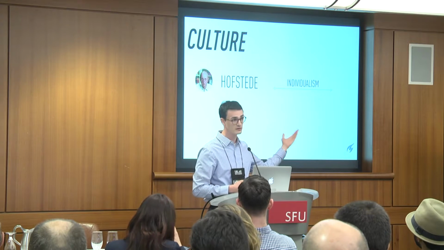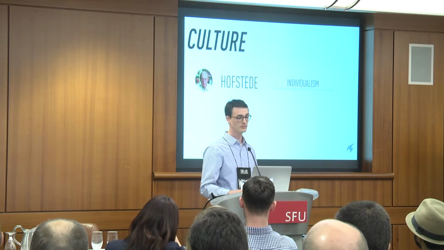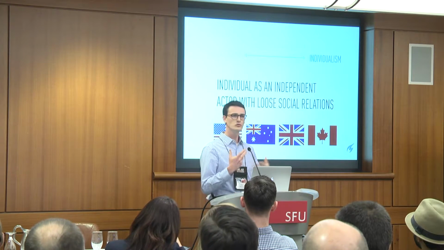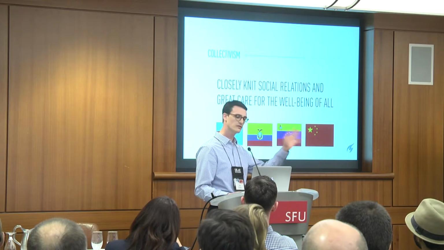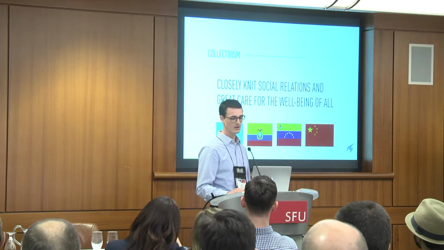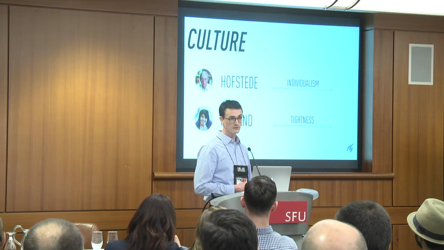So we looked at Hofstede's very established dimension of culture, individualism-collectivism. People in more individualistic cultures are more independent, they have looser social relationships, whereas for people in more collectivist cultures, it's more of a tightly knit fabric of social relationships. Another dimension of culture we looked at was Gelfand's measure of tightness.